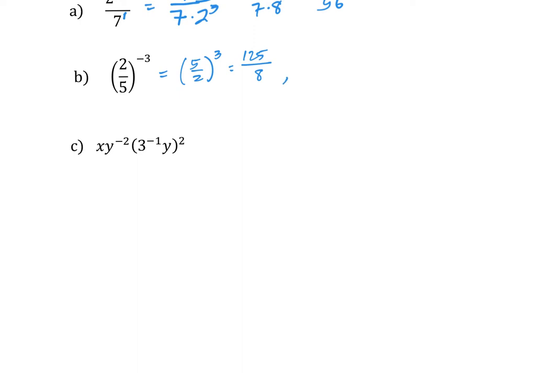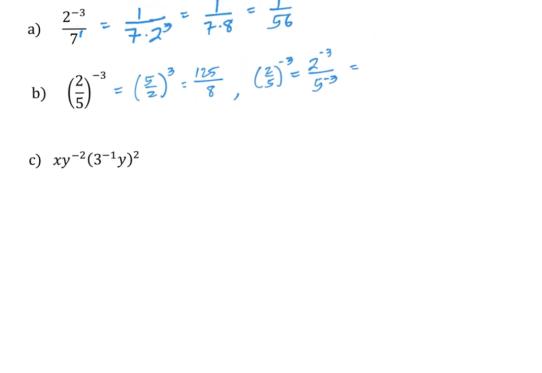So the reason why I can do that is because if we looked at the other property where we would take 2/5 to the -3 and distribute and get rid of the parentheses, then you could see that the 5 would come up, positive 3, 2 would come down, positive 3. So the shortcut is if you have a fraction in parentheses to a negative exponent, just flip the fraction, make the exponent positive. You don't have to do what they do in the book.